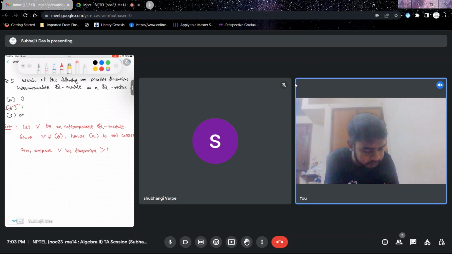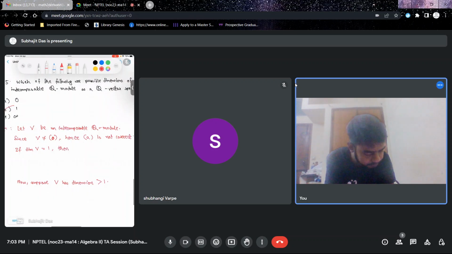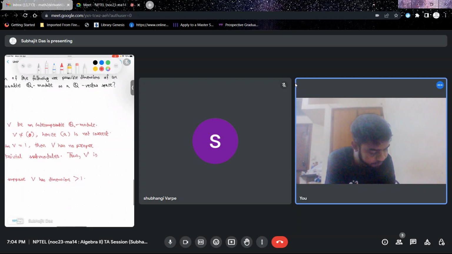But even before that, why are one dimensional vector spaces indecomposable? If the dimension of V is equal to 1, then V has no proper non-trivial subspaces or submodules. Thus V is in particular indecomposable.